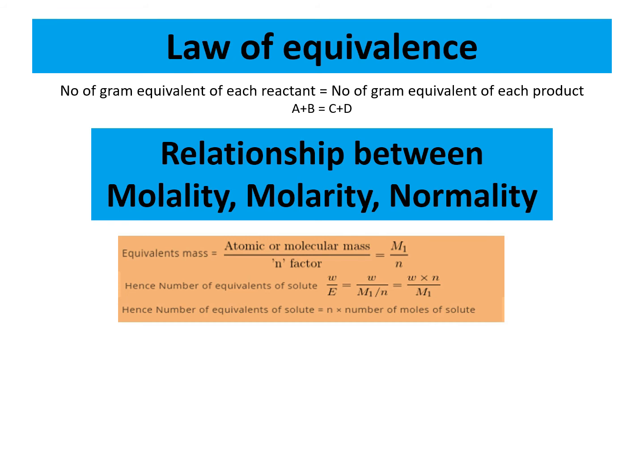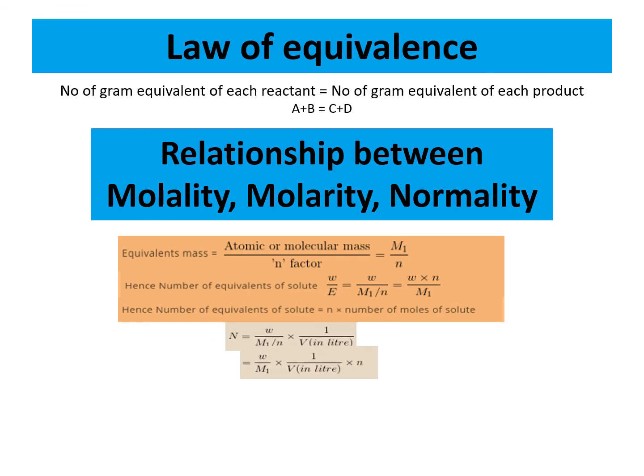Now, what is normality? That is the thing we are going to discuss. So N we need to take separately. This is moles, we know. The number of moles of the solute is the weight divided by its molecular weight. So the number of equivalents of the solute is N into moles. And what is the normality here?